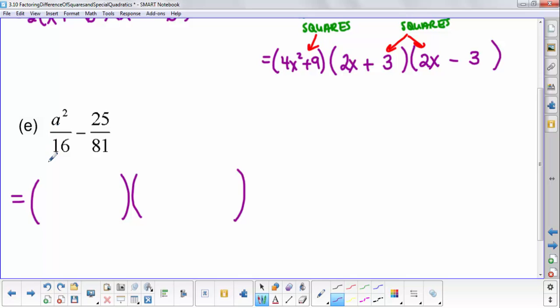To square root a fraction, you square root the numerator and the denominator. Okay, square root the second term, numerator and denominator. One gets a plus and the other gets a minus. Okay, so that's the basic idea for difference of squares.